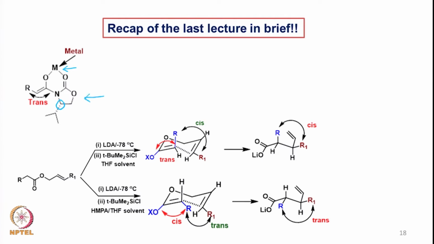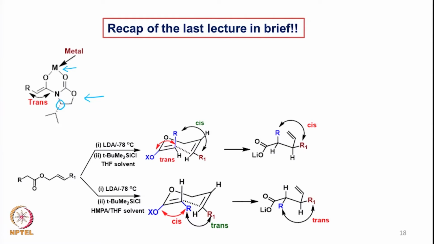Then the Lewis acid interacts with the aldehyde and disposes the aldehyde in such a fashion that the carbonyl of the aldehyde and this particular carbonyl group of the oxazolidinone part are away from each other in the transition state, and that allows the formation of the anti-aldol.